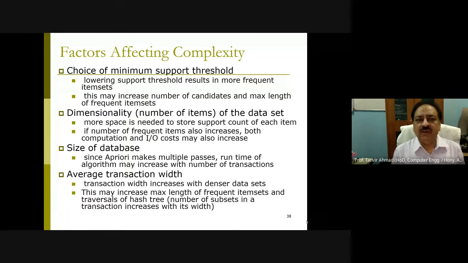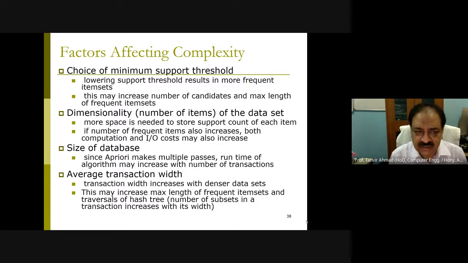When you use a lower support threshold, you will get more frequent items, and if you use a higher threshold value, you will get fewer frequent items. Similarly, the length of the candidates will also increase when you take a lower threshold. Therefore, you have to take a support such that it is interesting for the end user or the decision makers.